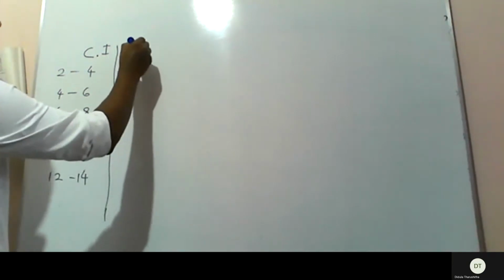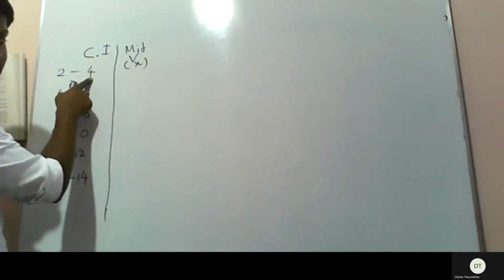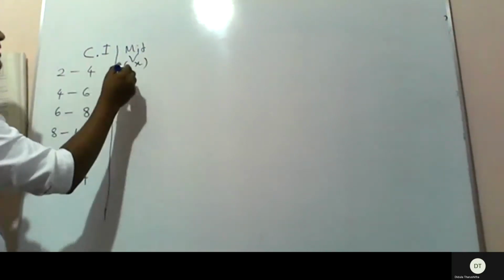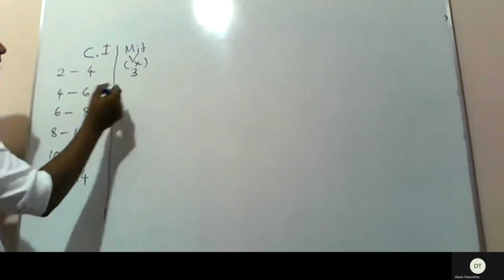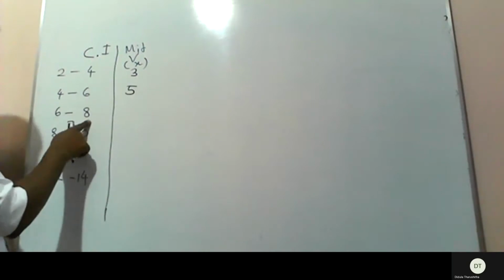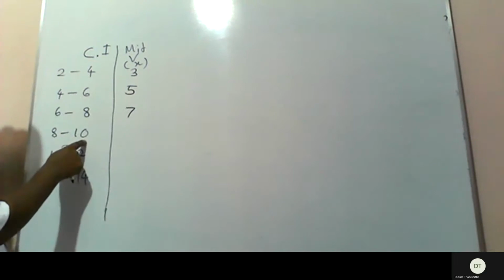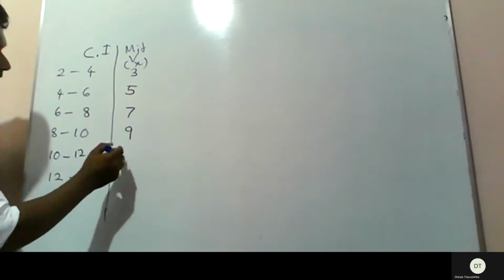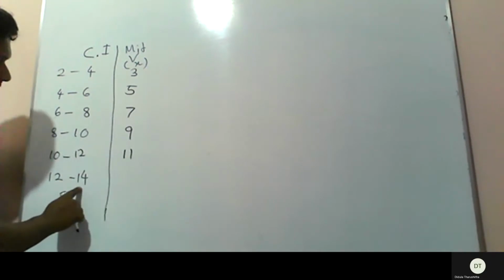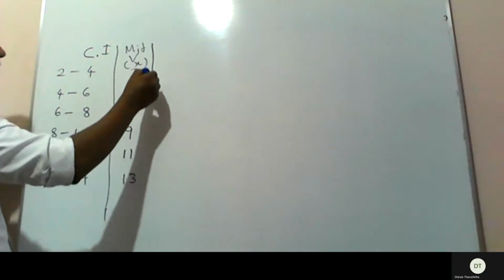Next, mid values x are 2 plus 4 is 6, divided by 2, 3; 4 plus 6 is 10, divided by 2, 5; 6 plus 8 is 14, divided by 2, 7; 8 plus 10 is 18, divided by 2, 9; 10 plus 12 is 22, divided by 2, 11; 12 plus 14 is 26, divided by 2, 13. Those are the mid values.